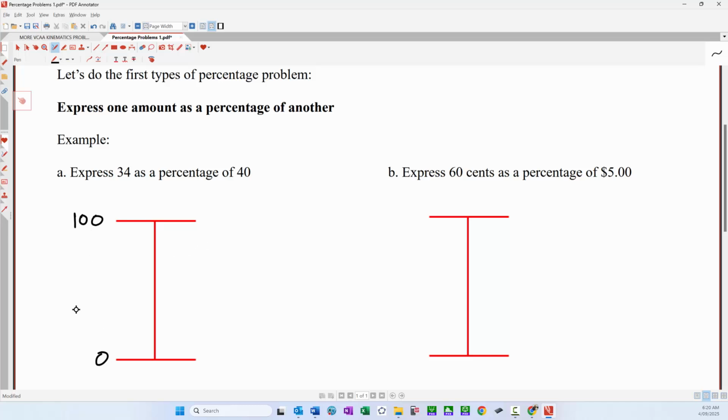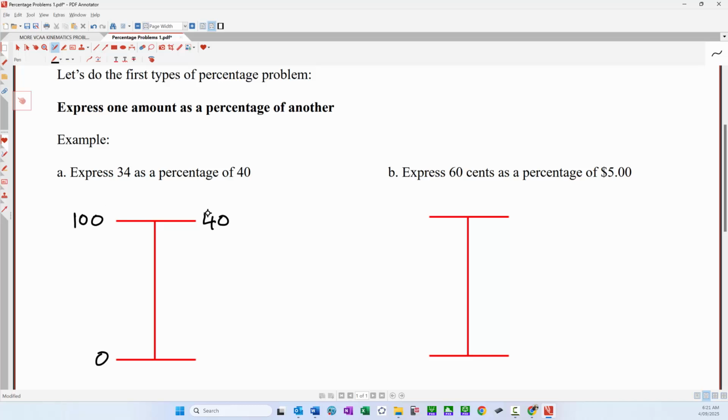Now, 100% means all of it. If you're asking someone to give you 100%, they mean give you all that you've got. What would all of it be in this particular scenario? That's going to be 40 marks, so we put what 100% represents on the right hand side.